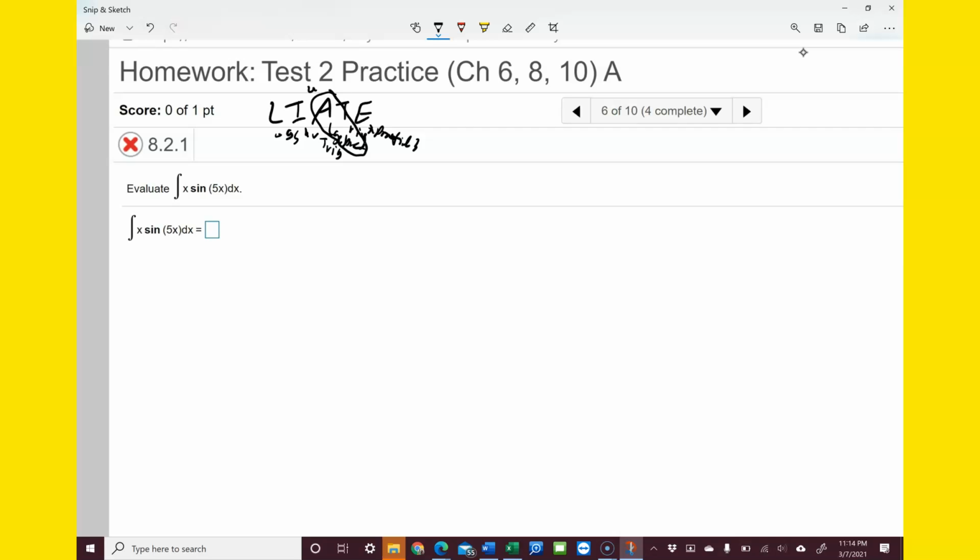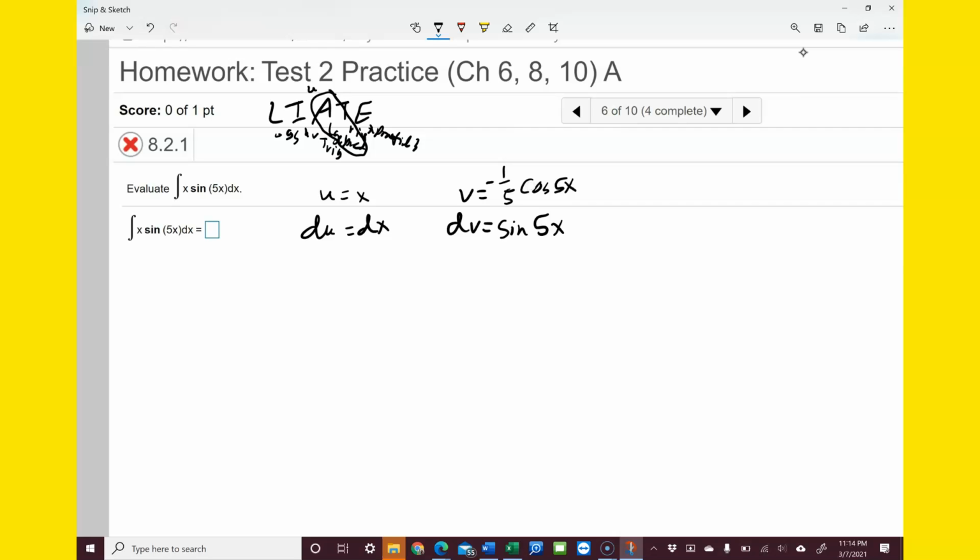So u is x. So du is dx then. Alright, and dv is sine 5x. So if I integrate sine of 5x, v would be negative 1/5 cosine of 5x.